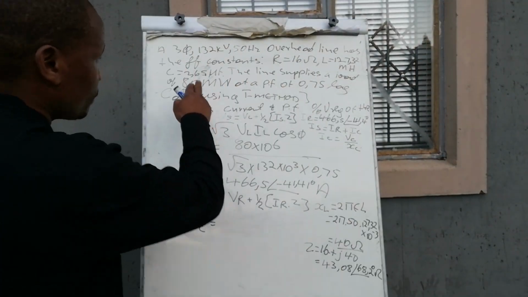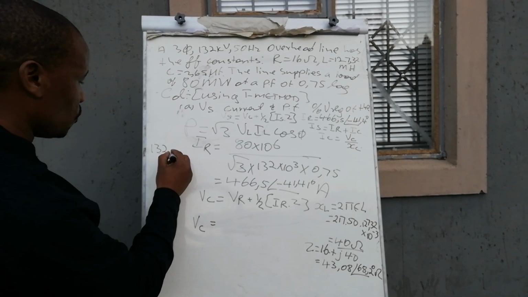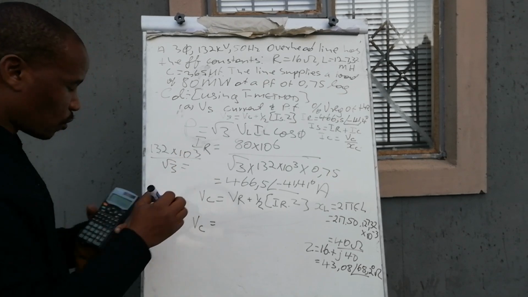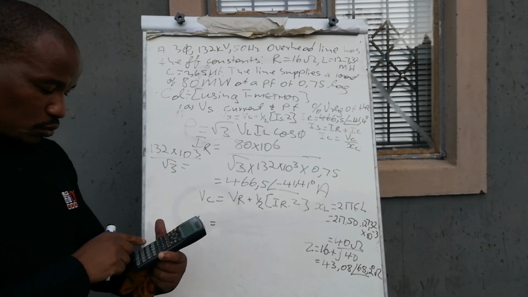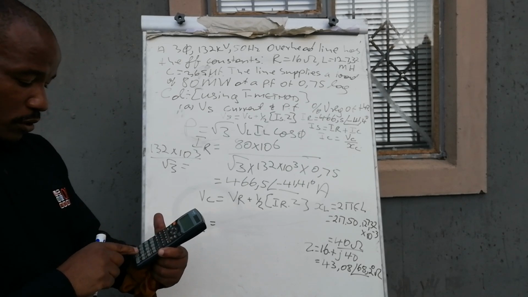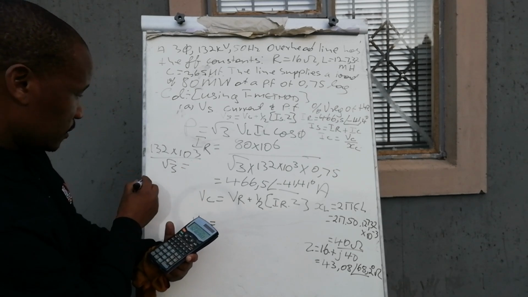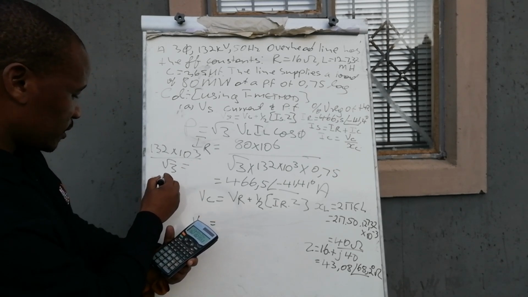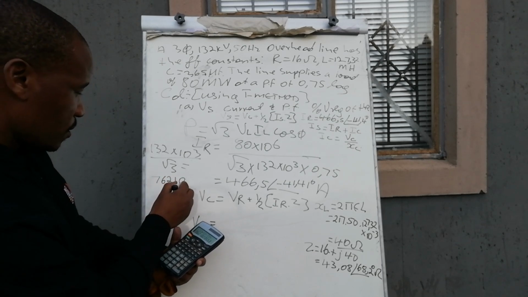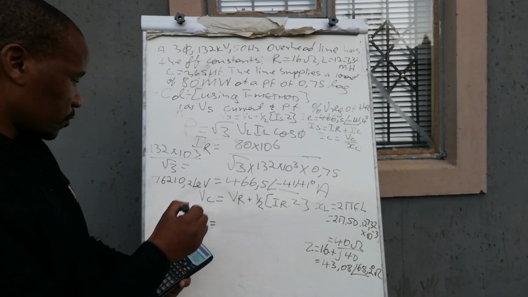So for that reason, we divide this 132 exponent 3 by square root 3, and it equals 76,210.2 angle of 0 volts.